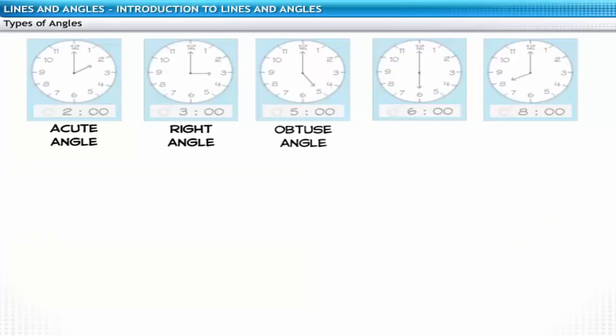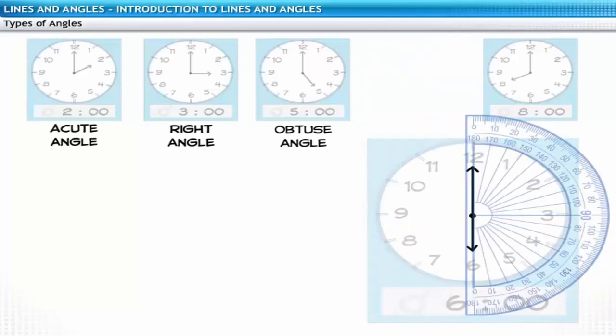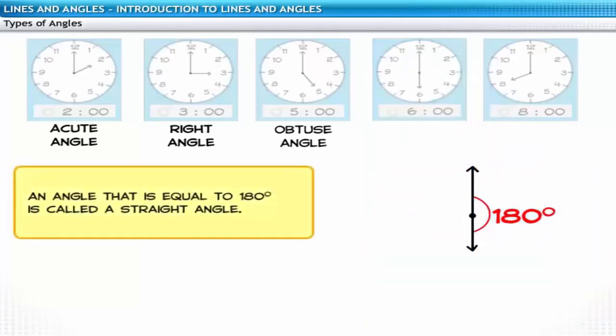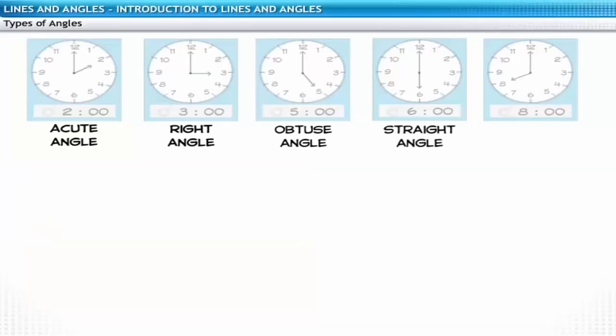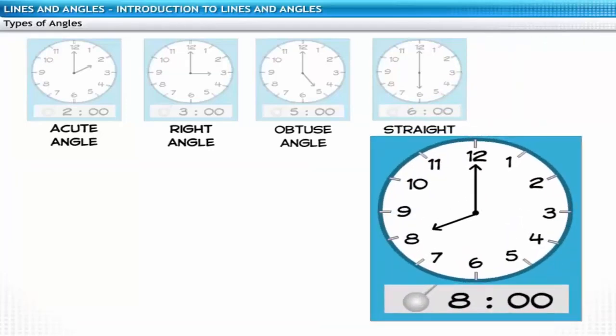Now, let's see what angle is formed at 6 o'clock. This angle is equal to 180 degrees. An angle that is equal to 180 degrees is called a straight angle. Let's measure the angle formed by the rays when it is 8 o'clock.